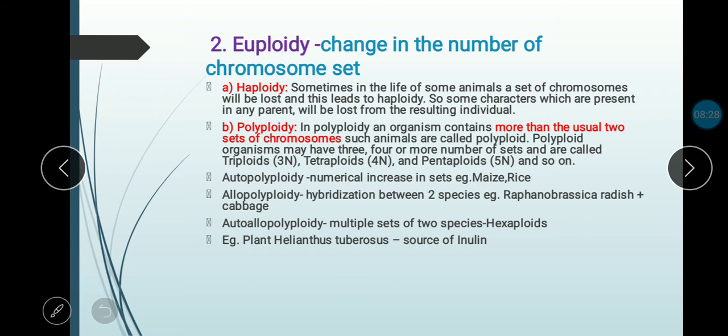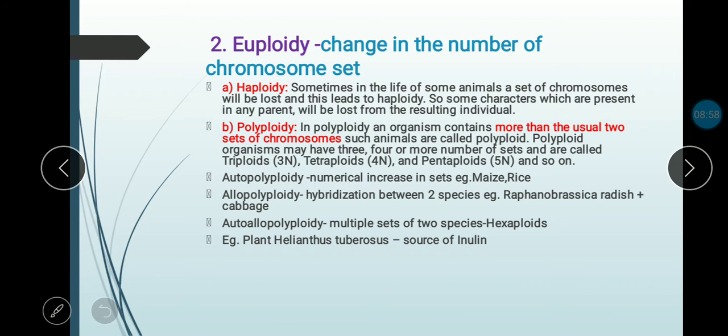Polyploid organisms may have 3, 4 or more sets, called triploids, 3n, tetraploids, 4n, pentaploids, 5n, and so on. The number may increase, and on that basis it is again divided into the following groups.